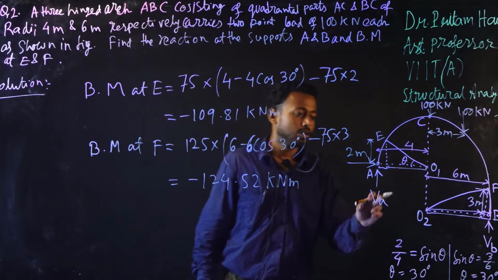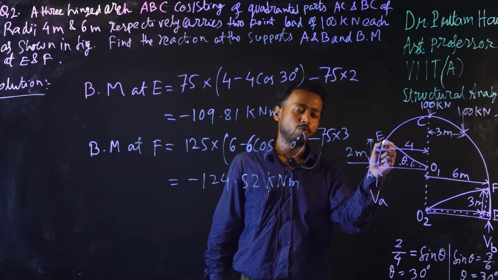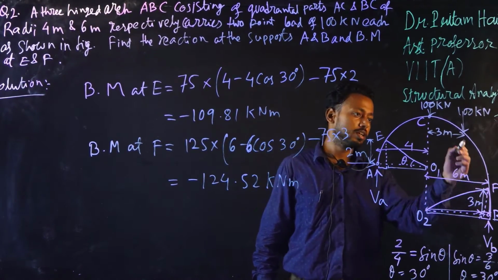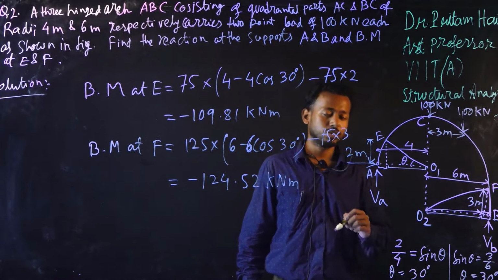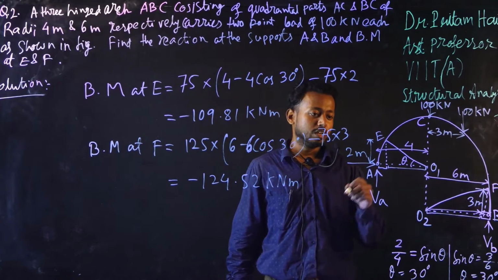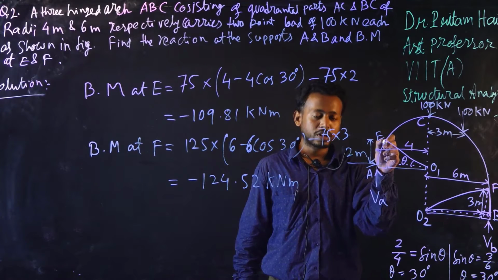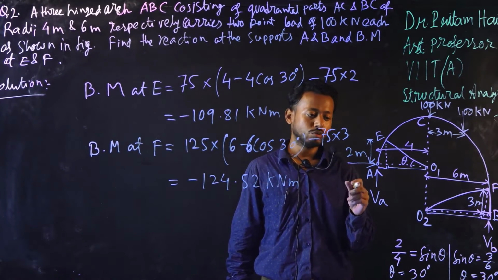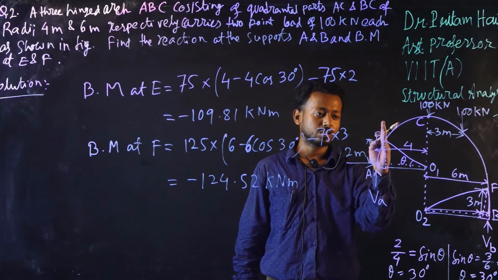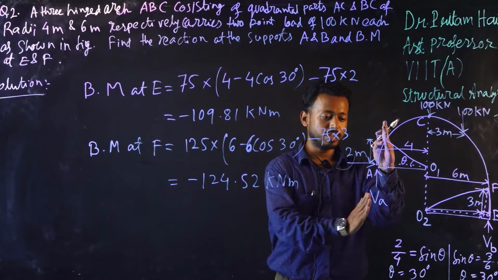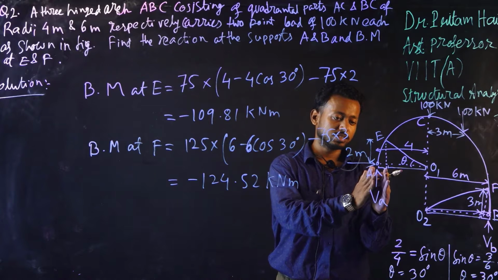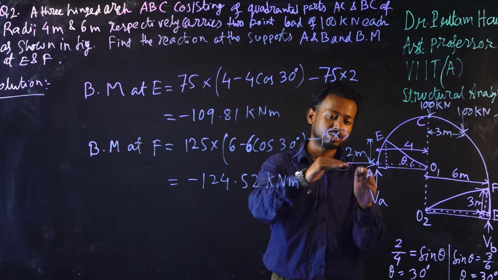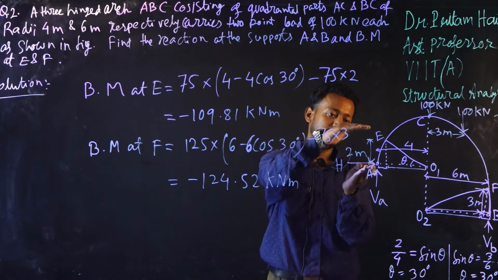Here we have to calculate the bending moment at point E and at point F, okay? So let's calculate the bending moment. While you are calculating the bending moment at point E, you have to take the bending moment at cross section X, that means VA into this distance minus H into this distance.